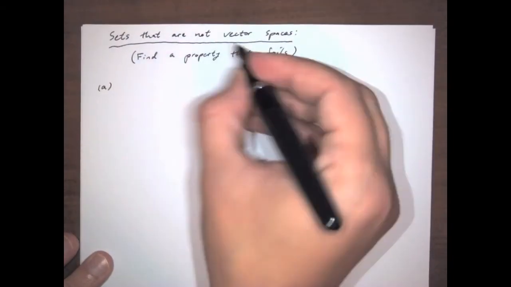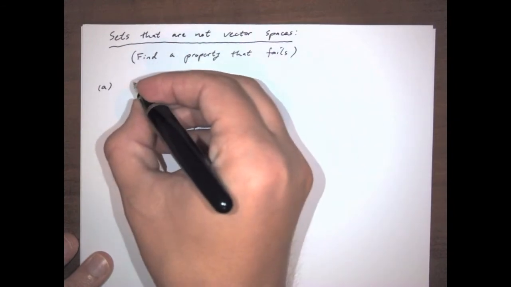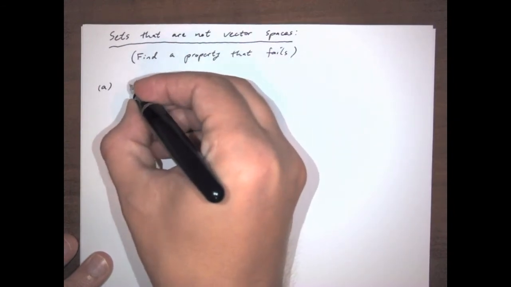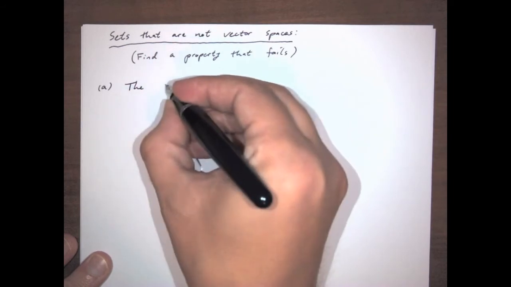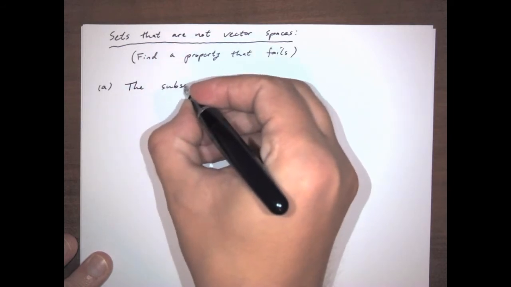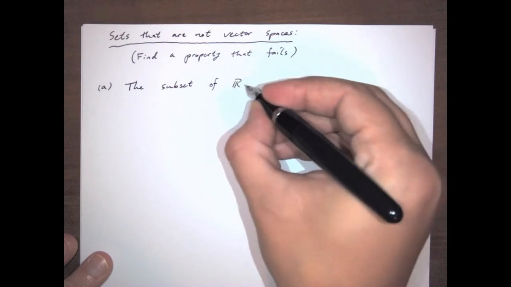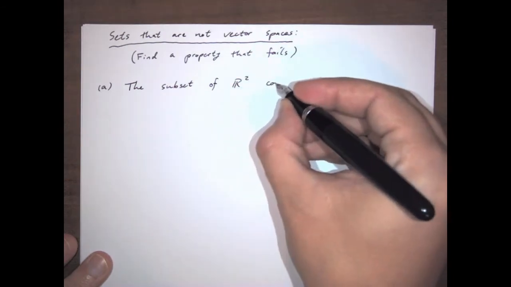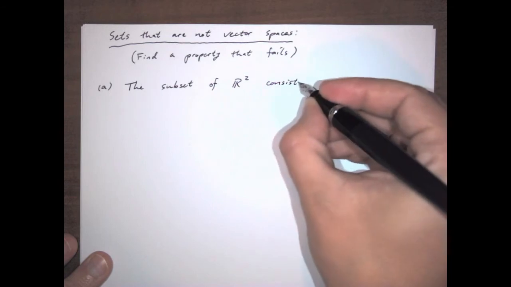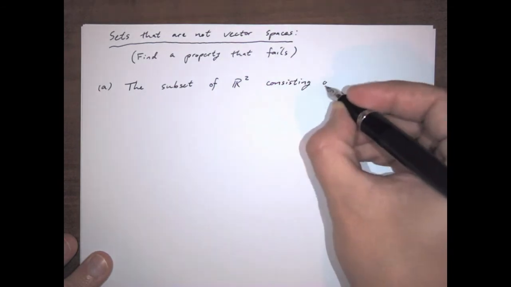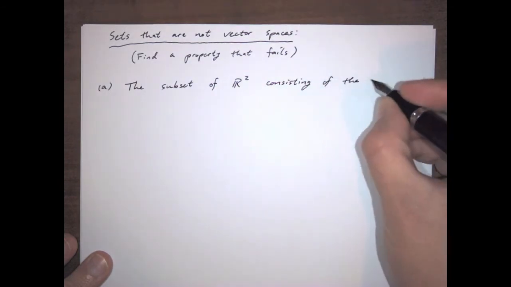So let's take a subset of R2 consisting of all the points on the unit circle.